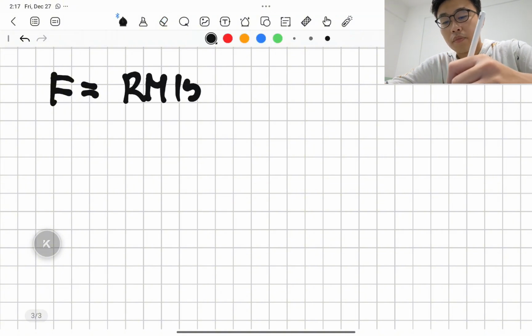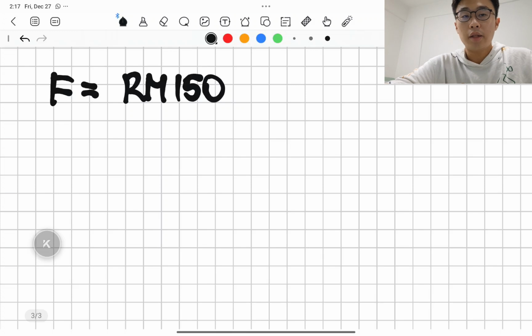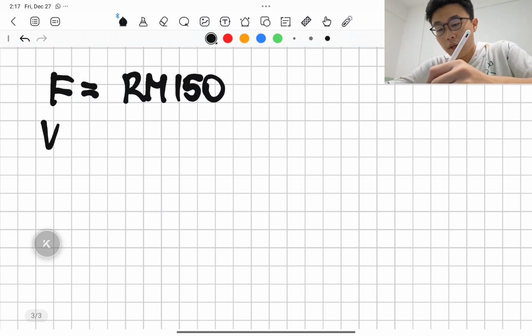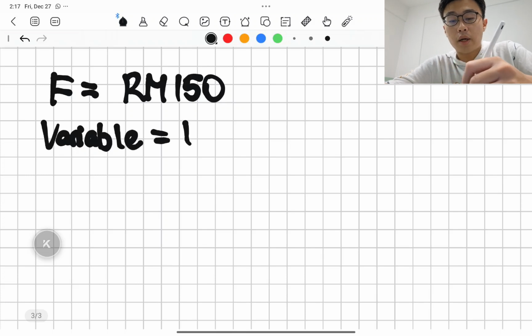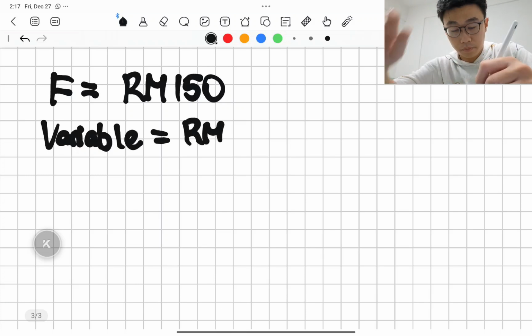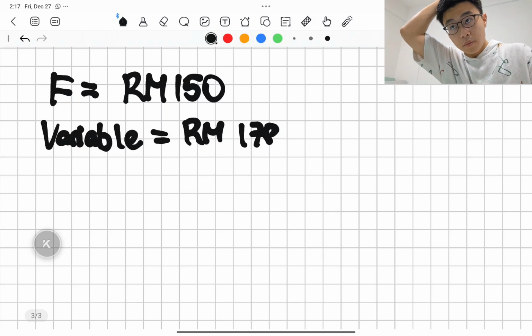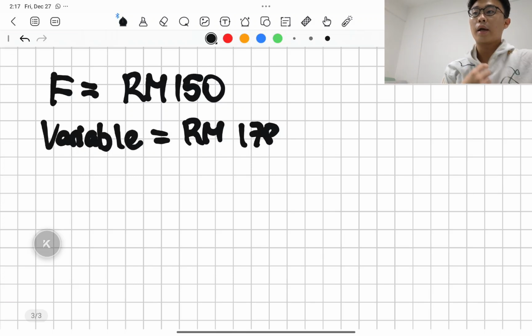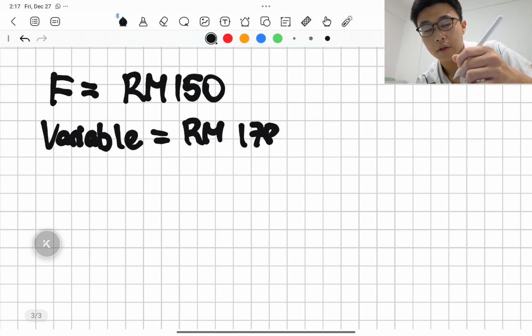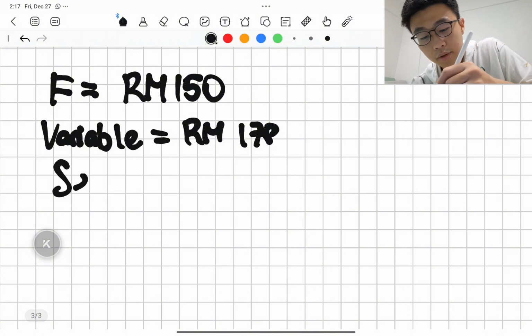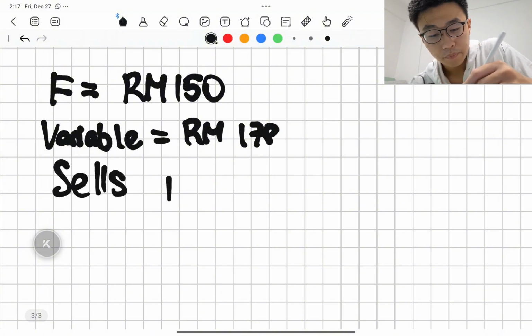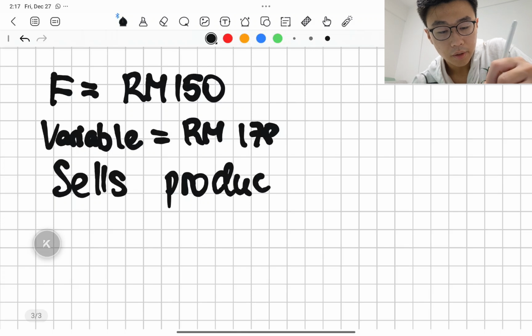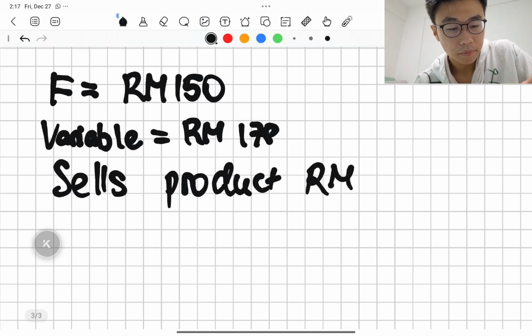And the variable cost per unit is 175 ringgit. And they sell their product at 500 ringgit per unit.